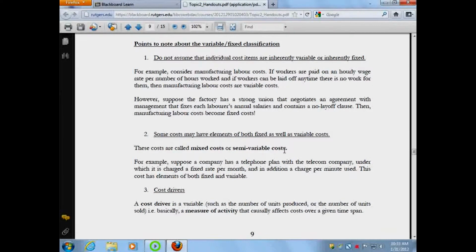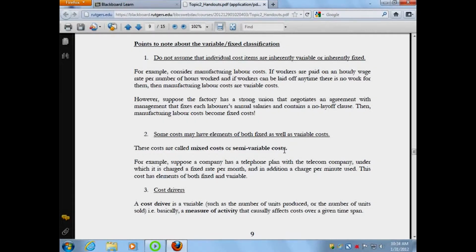And that block is simply what we refer to as the relevant range for that cost. So in this case, if you discover that your normal range of usage is 500 to 700 minutes, well, what is the behavior of this cost within that range? It's fixed at 40. In fact, it's fixed at 40 all the way between 0 and 1,000.